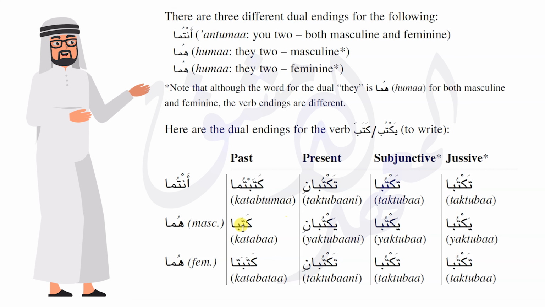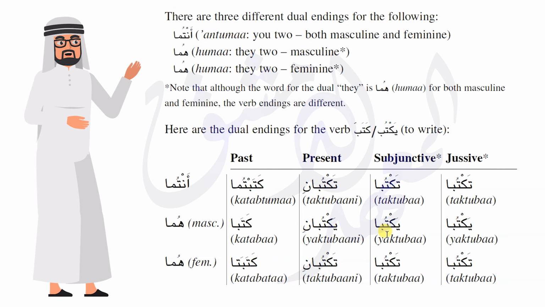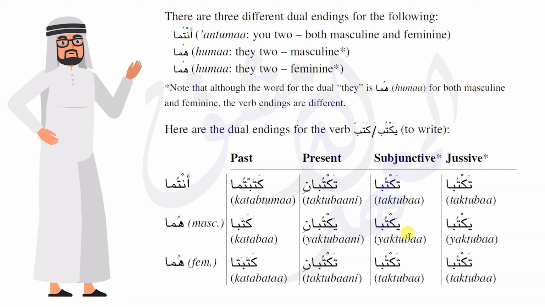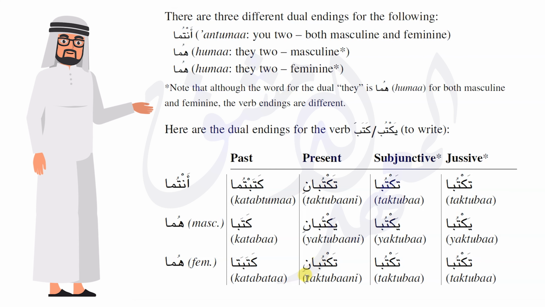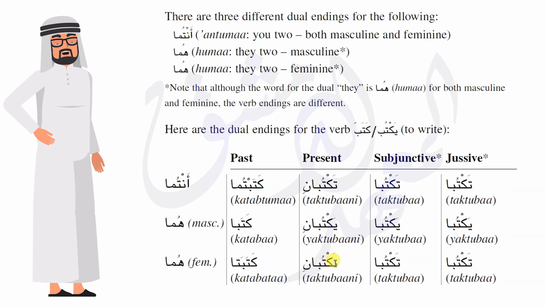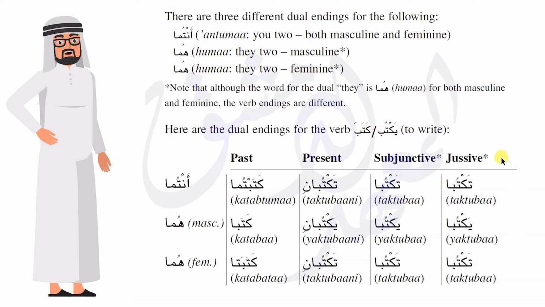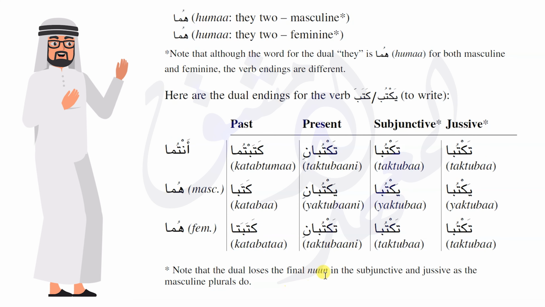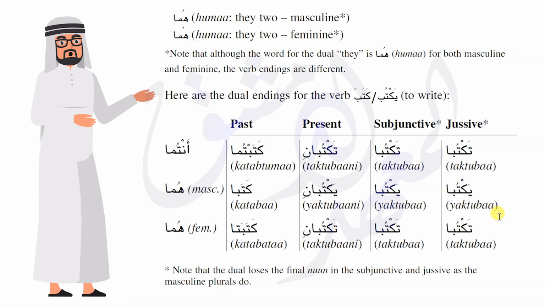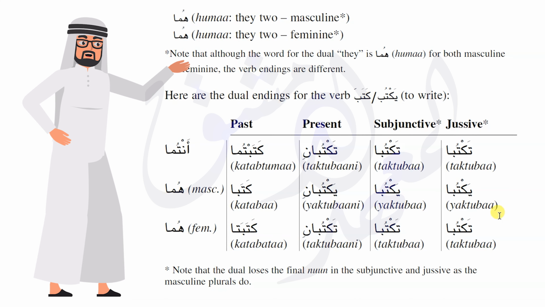Okay. So kataba yaktubani yaktuba yaktuba. We drop the noon for the subjunctive. Huma katabta taktubani is the present, and we drop the noon for subjunctive and jussive respectively. Note the dual loses the final noon in the subjunctive and the jussive as the masculine plurals do.